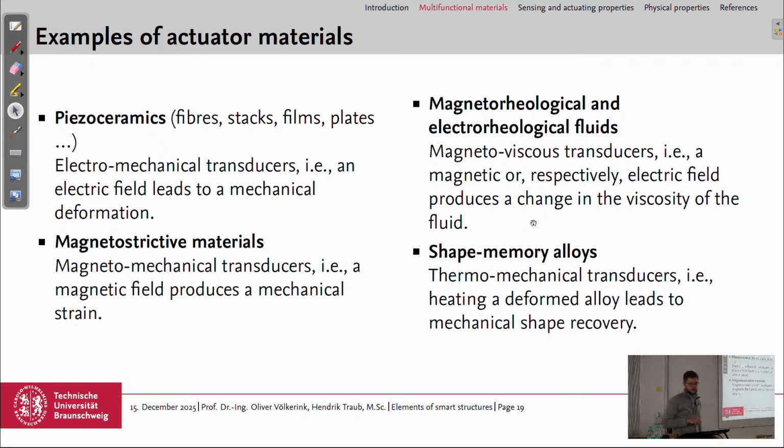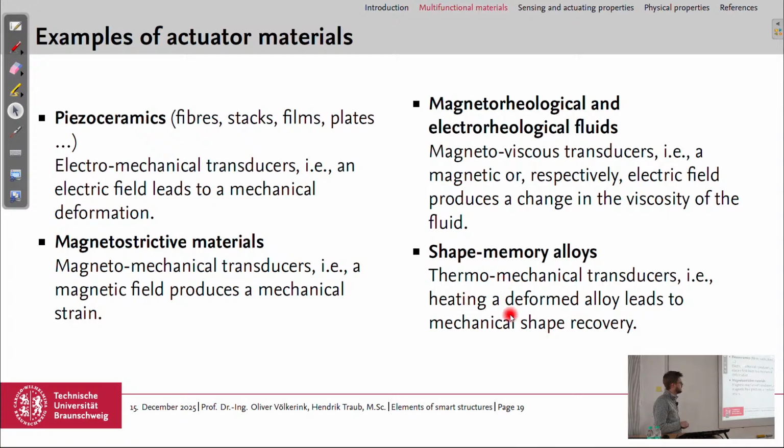viscosity of the fluid. So the first adaptable suspension systems of cars were made with these electrorheological fluids. So you could change the electric field, and then you can change the viscosity, for example, in a damper to improve ride comfort in cars. And with the shape memory alloys, we have a thermomechanical transducer.